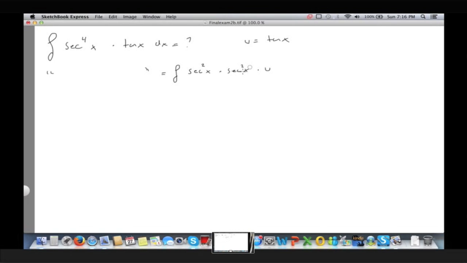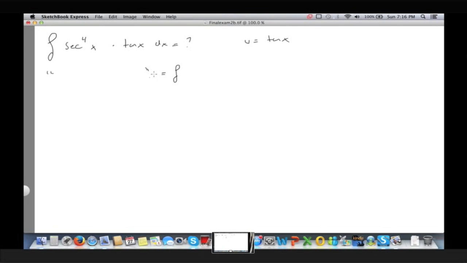When we take the derivative, one of the secant squared x terms will drop out, but then we'll still have another secant squared x flying around in the integral that we're not going to be able to get rid of. So that was a good idea, but I'll save you some time and say that it turns out that won't work. Its derivative is in the integral, but it doesn't account for enough of the integral.